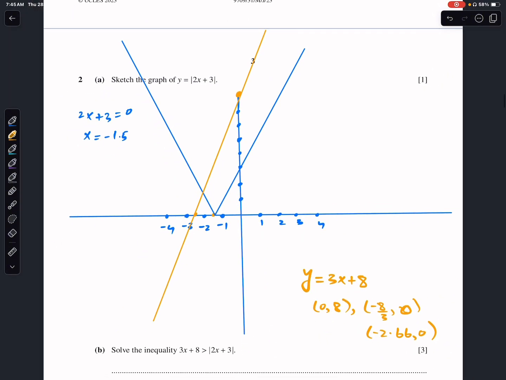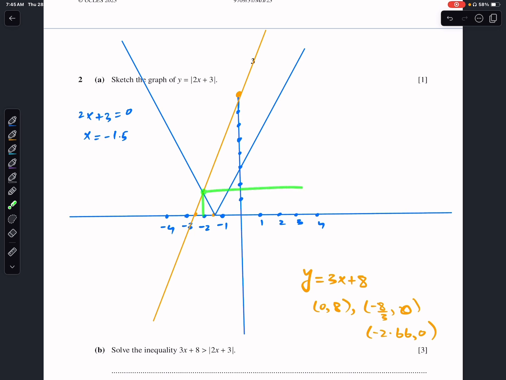So students, the question is saying that the line is greater than mod. Means to say the heights of line is greater than the heights of mod, okay? So whenever you compare the heights, you can see that the line is above the modulus graph at this part, like after this point, okay?